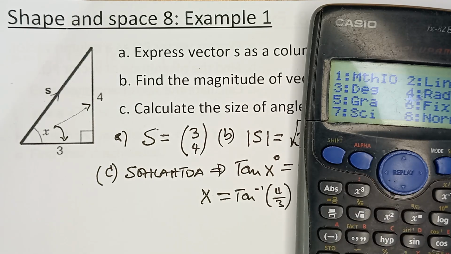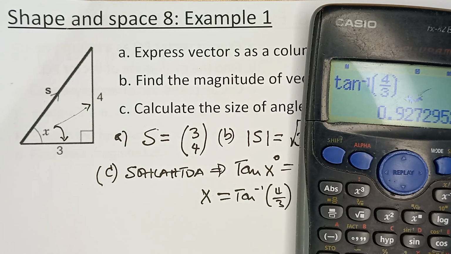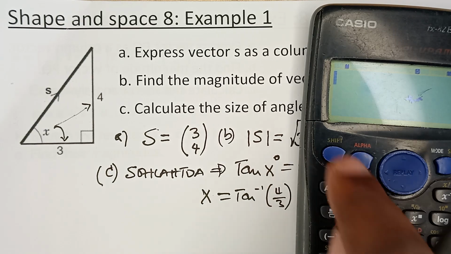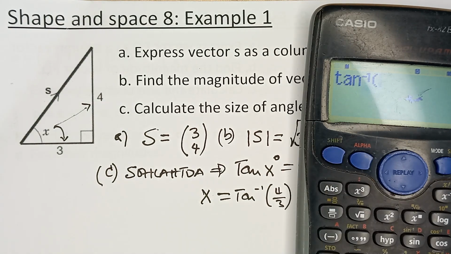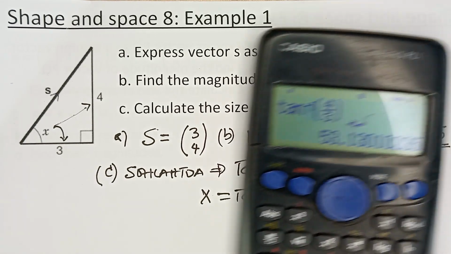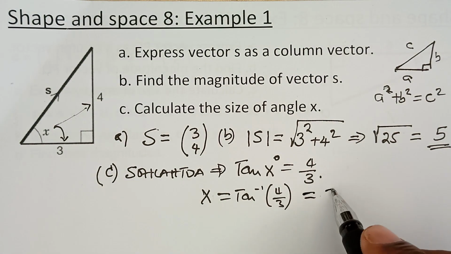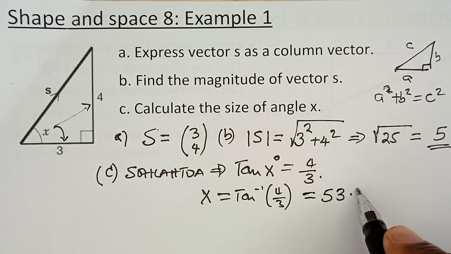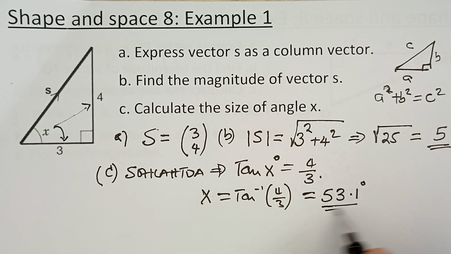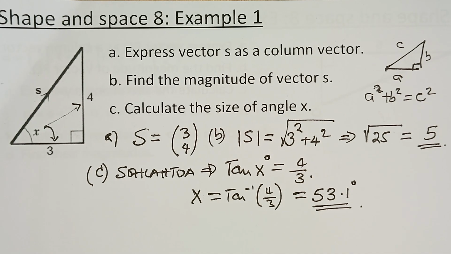We are now in degree mode. Let's start again. Shift tan of 4 over 3. Now we have 53 degrees. So X is 53.1 degrees.